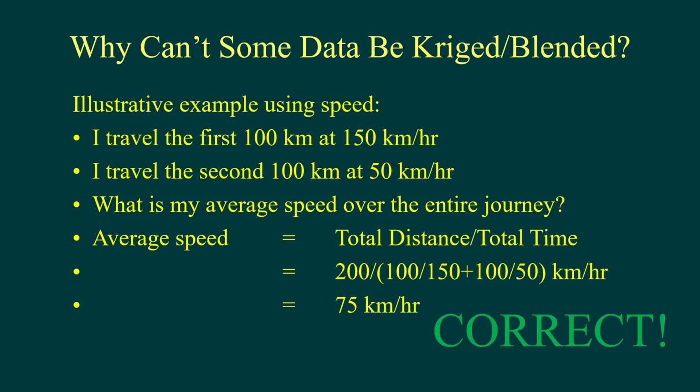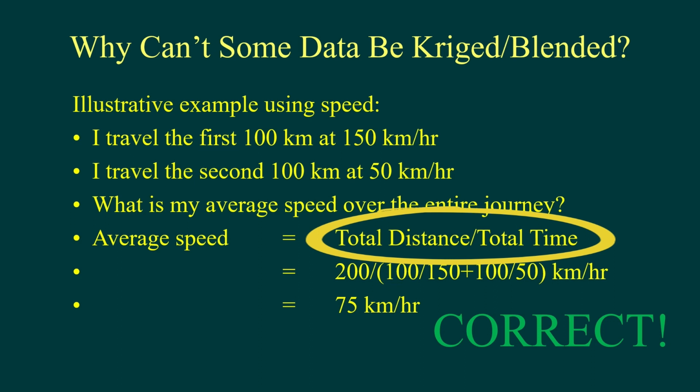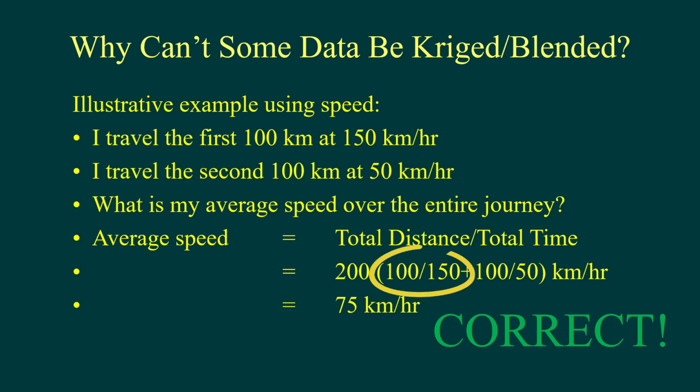The correct way to do the calculation is not to average the speeds. It is to determine the total distance divided by the total time. Now the total time, if we look at the first part of the journey, 100 kilometers, 150 kilometers an hour, the time for that part of the journey is 100 divided by 150.